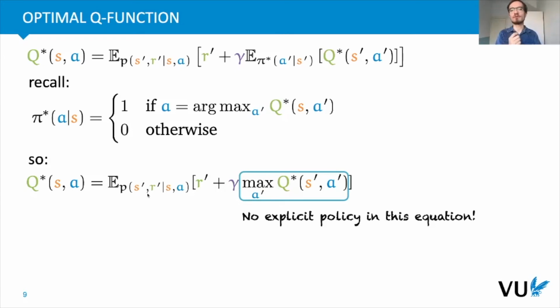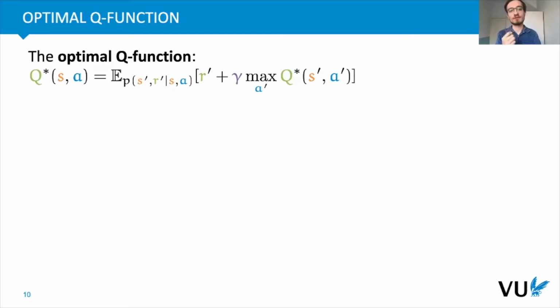So the optimal Q function is always going to be equal to this recursion, where you first sample a state and a reward in the next state, and then you compute the sum of this reward plus the discounted maximum of the optimal Q function, where you maximize over the actions taken in the next state.